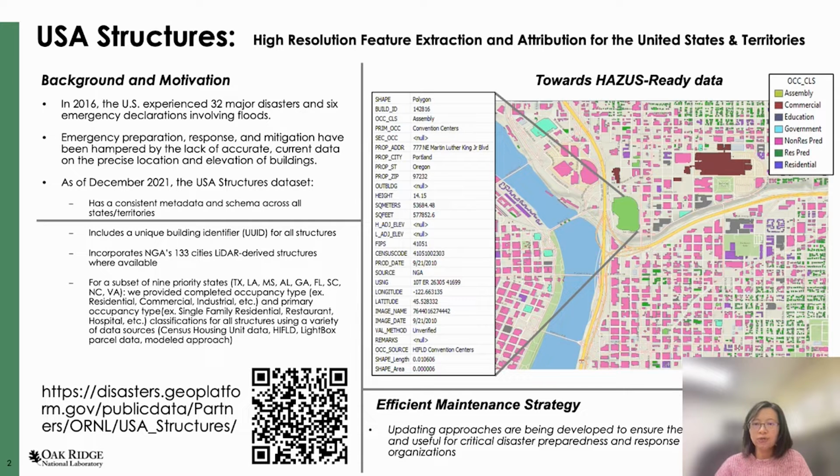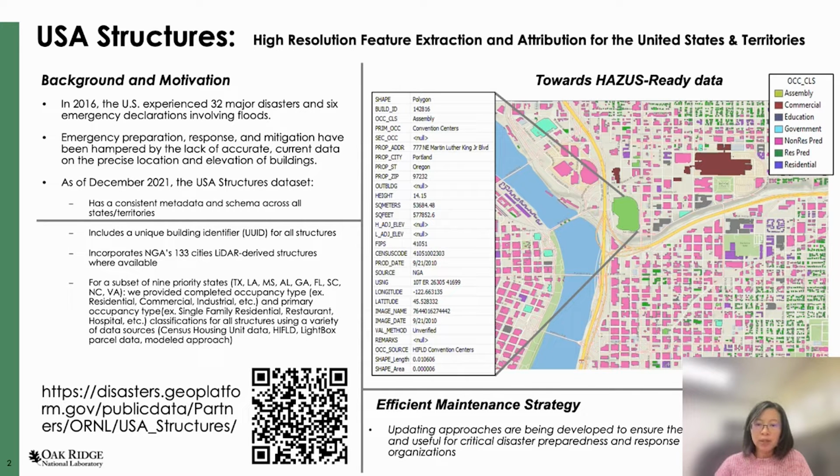We kicked off this project around 2017, and by last year, December, in addition to the structures mapped out from high-resolution satellite images, the dataset also has consistent metadata and schema across all states. In some cities, whenever data are available, we also incorporated some LiDAR-derived structures.